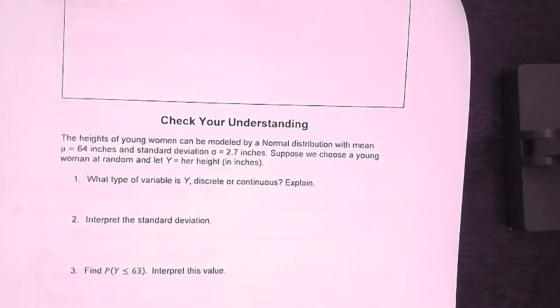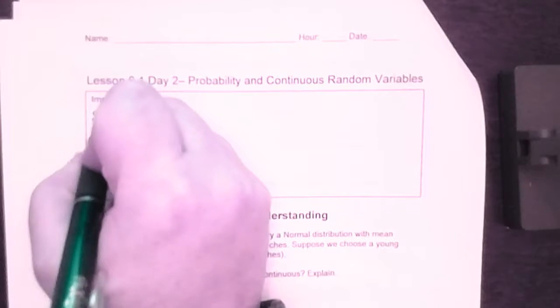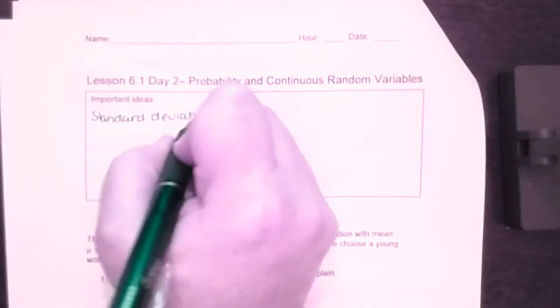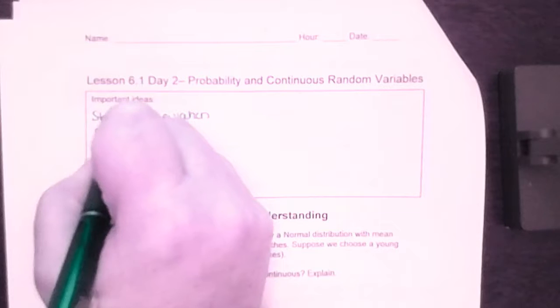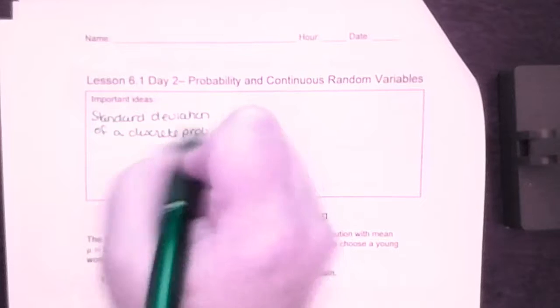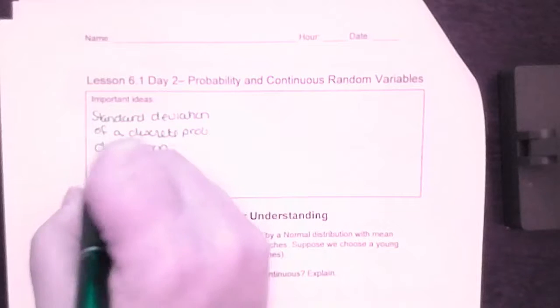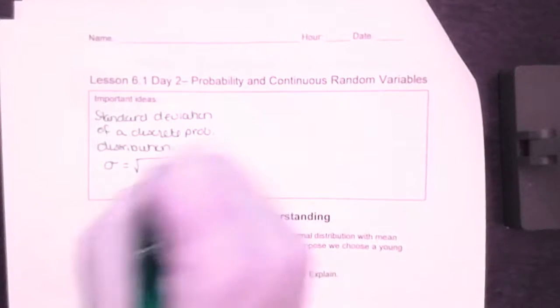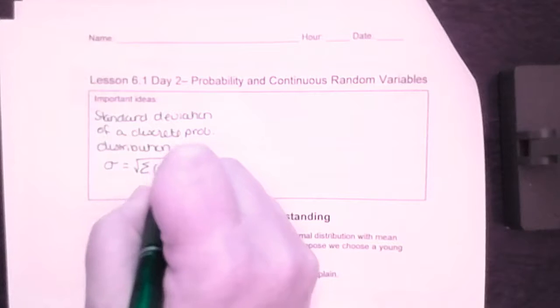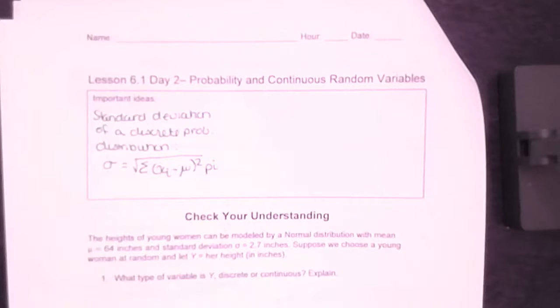So remember that some basic things that we want to remember is that the standard deviation of a discrete probability distribution is the square root of the sum of the difference of each value minus the mean squared times its appropriate probability.